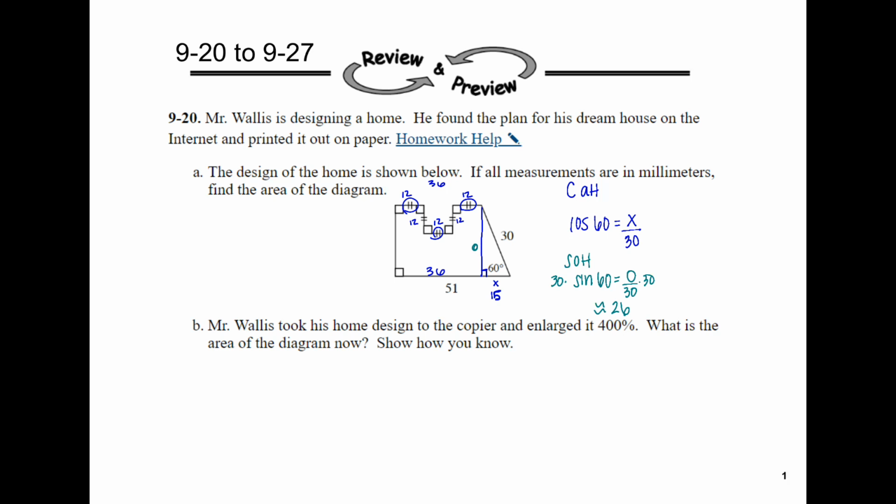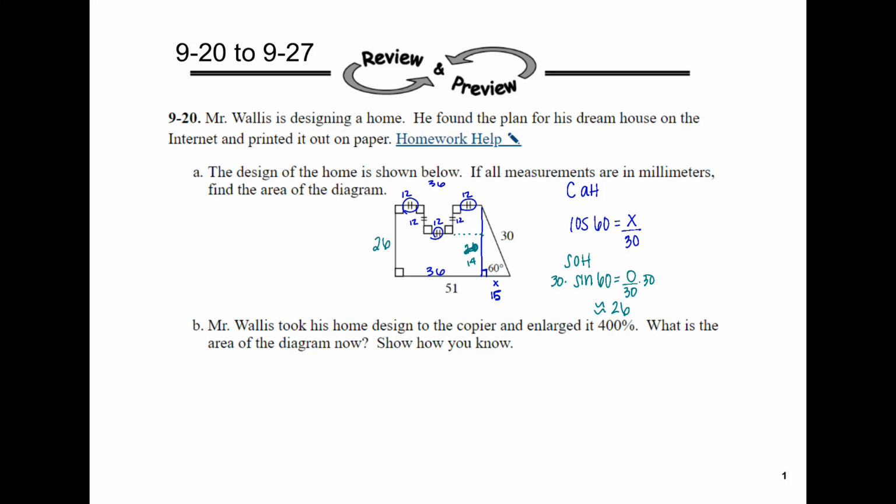So if I know that this whole distance is equal to 26, I need to subtract out this 12. And I would get approximately 14. So this piece down here would be 14.